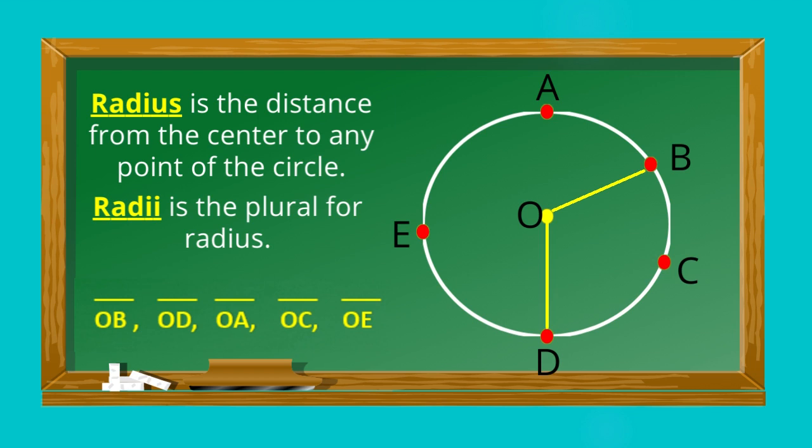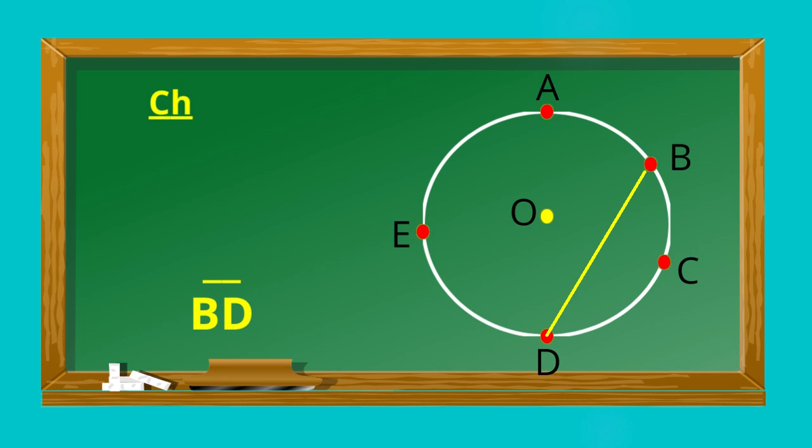Another radius here is radius OD, or line segment OD. And also we have line segments OA, OC, and OE. Those are the radii of circle O. Therefore, there are 5 radii on this circle.